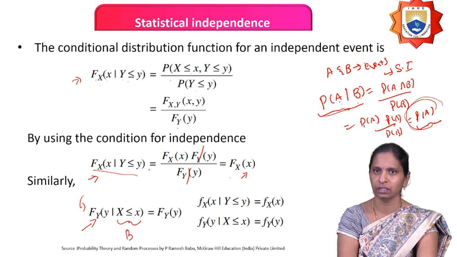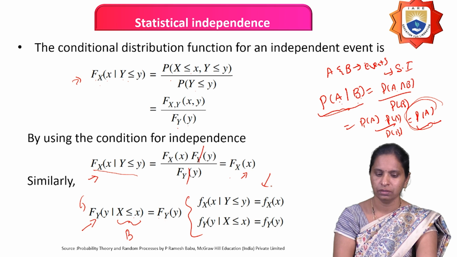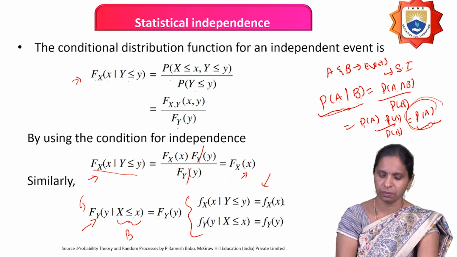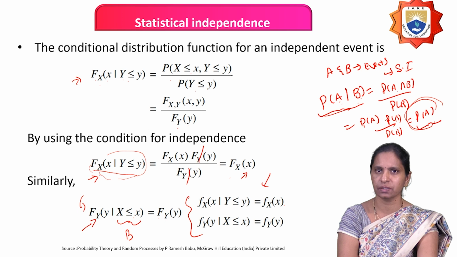If you simplify, you get Fy of y only. And similarly, what about the density function? The differentiation of the distribution function gives the density function. If x and y are independent, then the conditional distribution equals the distribution function of the random variable x.